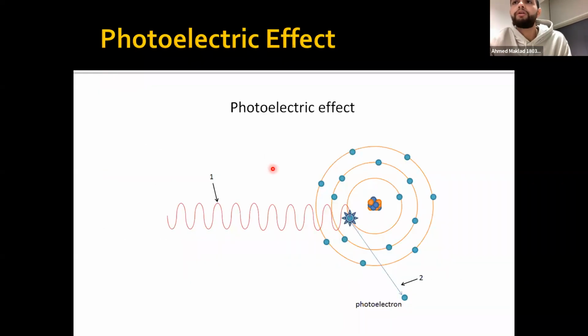So when you go down here, it's interacting with an inner shell electron, and it will knock it out, just like in the Compton scatter. But this time, because it's an inner shell, electrons from outer shells will come and replace it. It's going to go down from the middle shell right here to replace the knocked out electron.